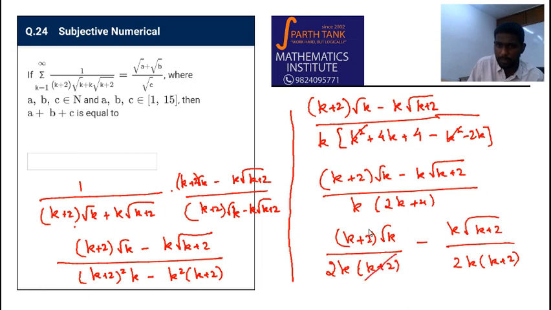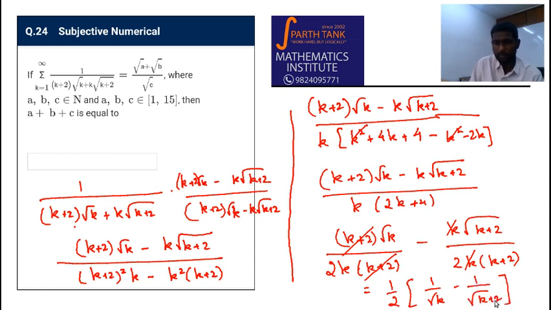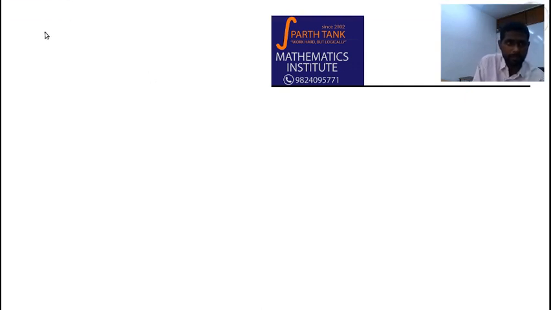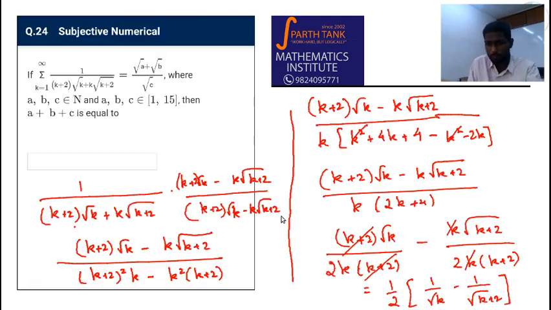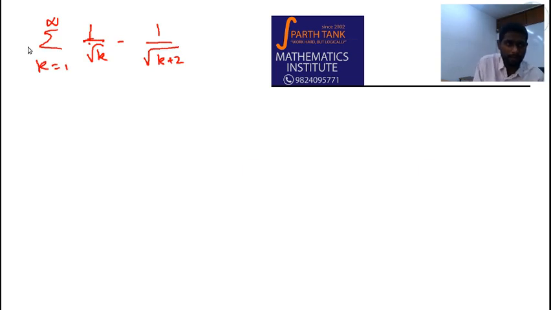So you see k plus 2 and k plus 2 are gone, and k are gone, and I get, if I take 1 by 2 common, this is 1 by root k and this is 1 by root k plus 2. So each term is of this form, okay? So that summation k is 1 to infinity can be written as 1 by root k minus 1 by root k plus 2, okay? And the half I am going to put it out here.